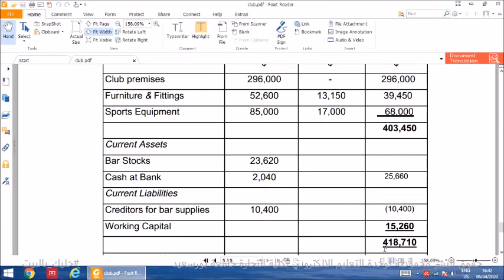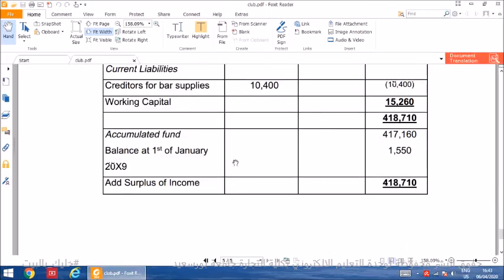So the total assets 418,710, and liabilities: accumulated fund 417,160. Balance at 1st of January 2009.